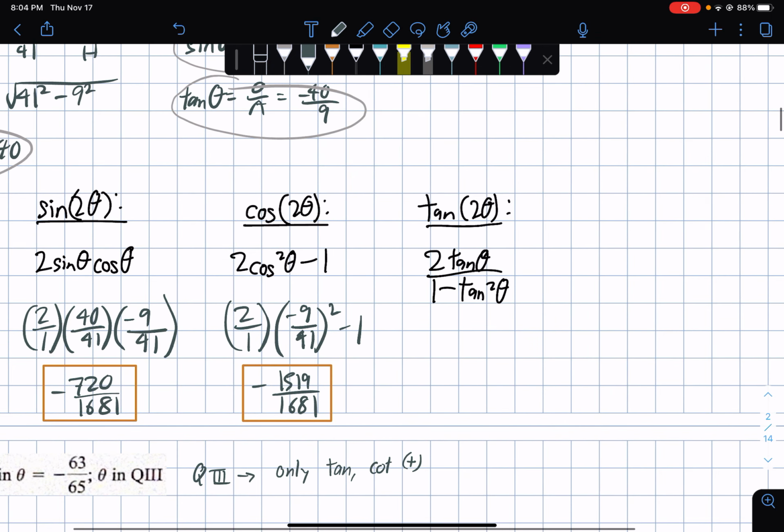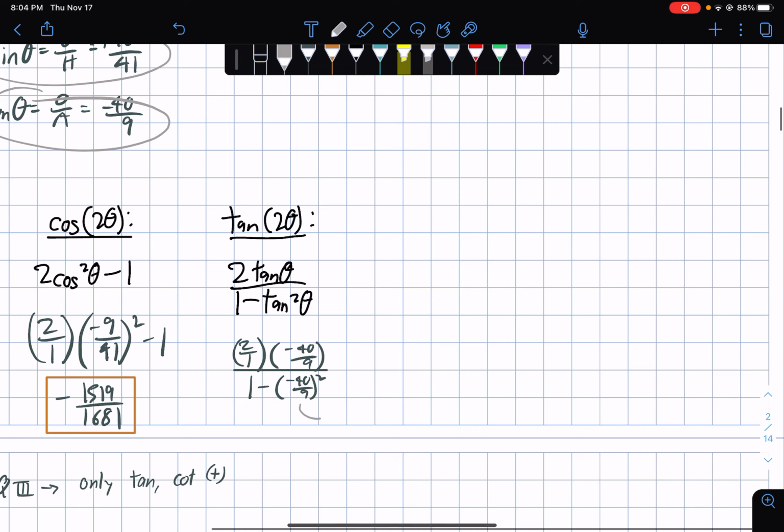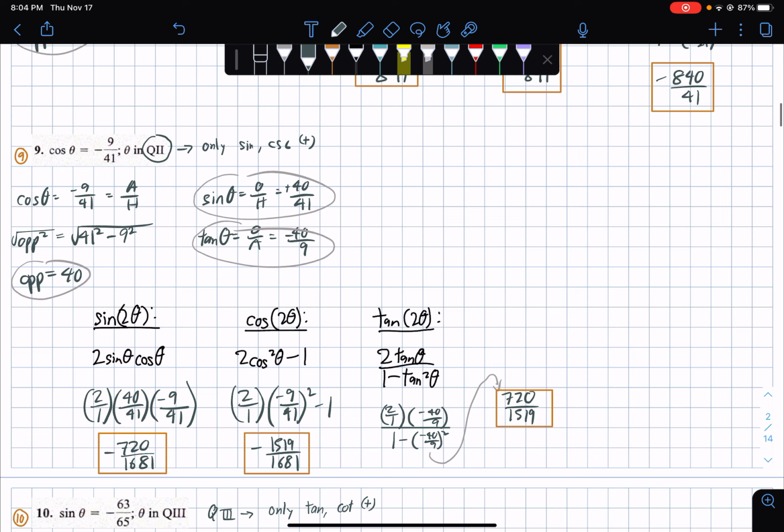For tangent, we have 2 over 1 times negative 40 over 9, over 1 minus negative 40 over 9 raised to 2. Here, we get 720 over 1519. So that is number 9.